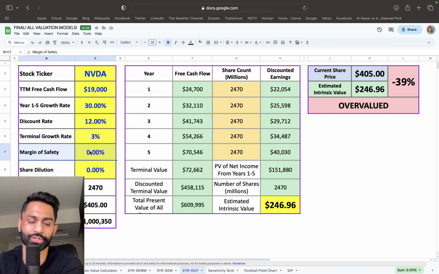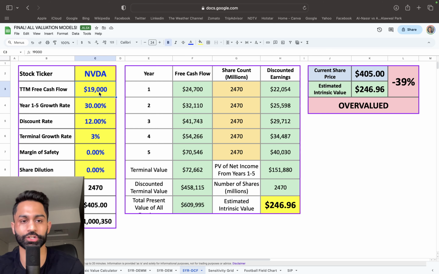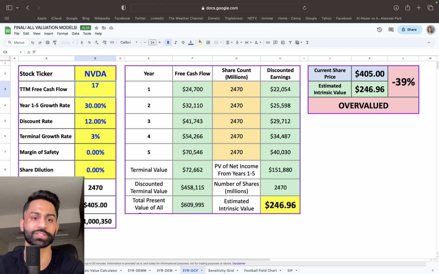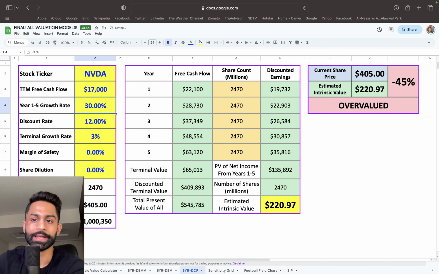So with no margin of safety and no share dilution, because the company hasn't really bought back any shares in the last 20 years, and accounting for no margin of safety, Nvidia today needs to, and look what happens if I change the free cash flow expectations to the actual potential number of 2024, which I think is going to be closer to 17 billion. So let's just do 17 billion over here. The fair value ends up at $220.